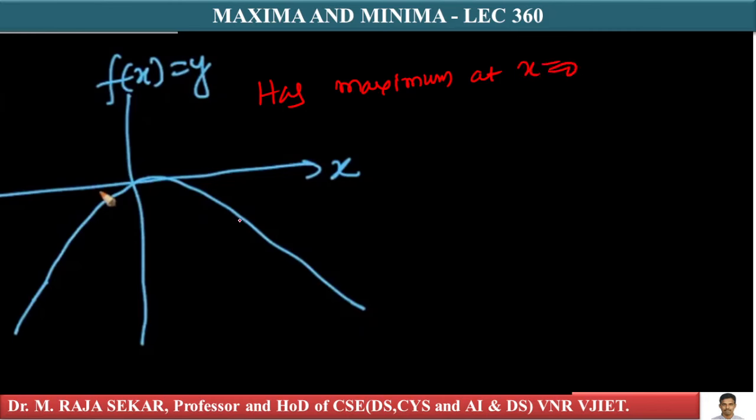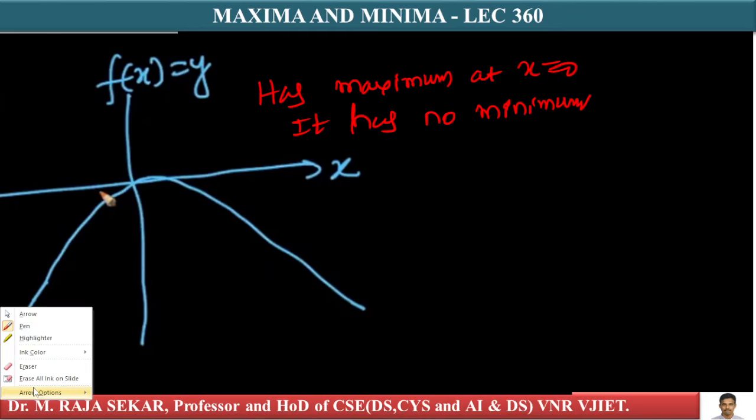It has no minimum, because it keeps going. So it's possible that you may or may not have maxima and minima, isn't it?